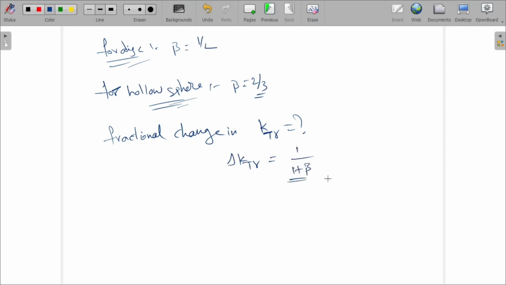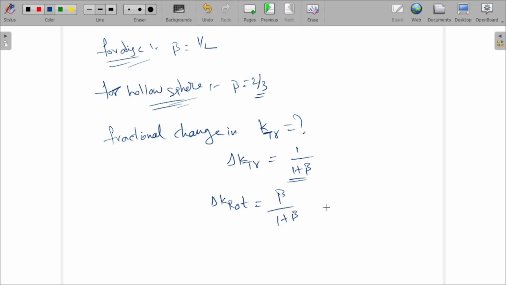Directly you can use this. What is the fractional change in rotational kinetic energy? For rotational kinetic energy, the fractional change is beta by 1 plus beta.